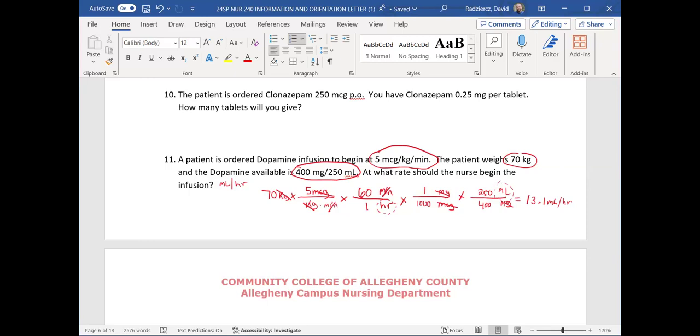Now, if that were the case, give me a second to think about how this would be, because we don't know how many drops are here. You don't, but if they told you that they were using microtubing, you could assume 60 drops per minute. So 70 times 5 times 60 times 250.